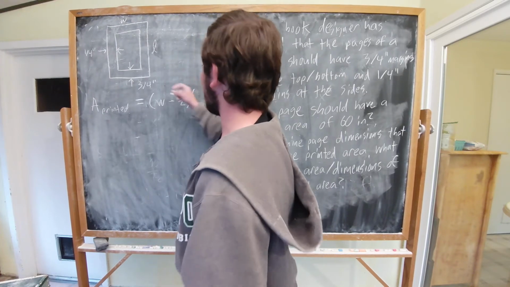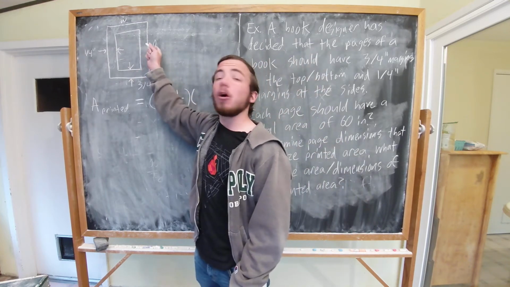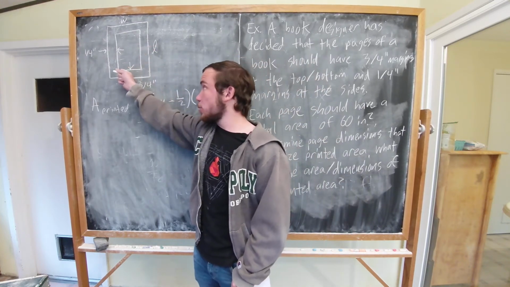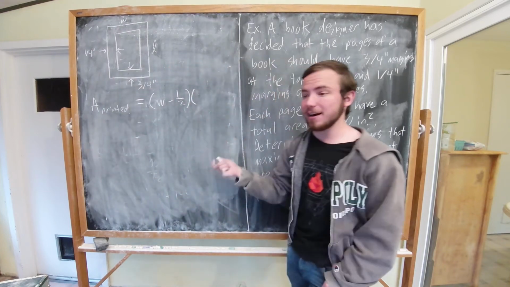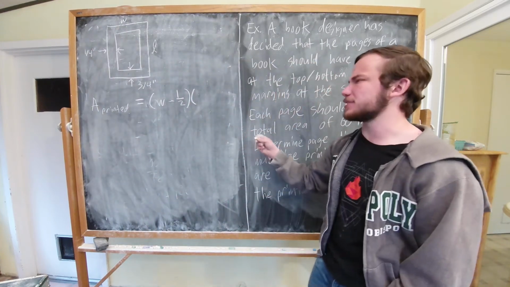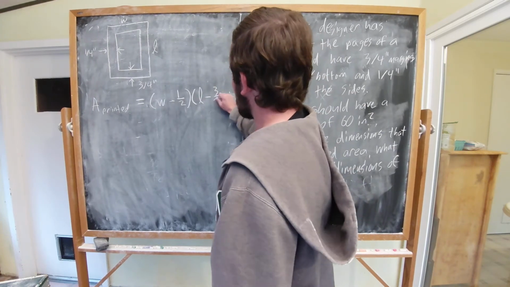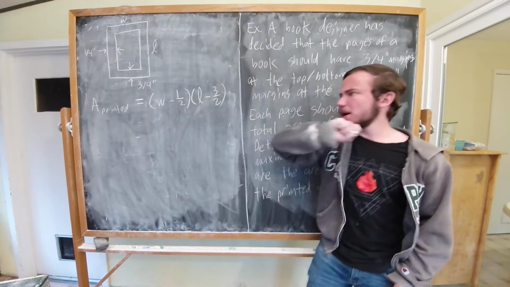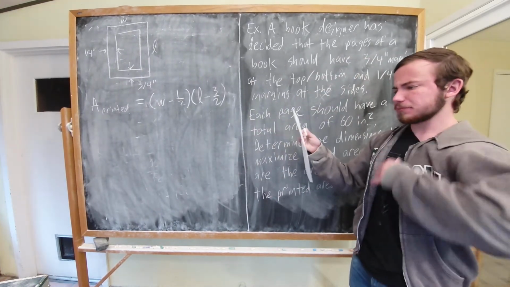Similarly, to find the length of the printed area, we're going to say, okay, it's the length of the overall page minus 3/4 of an inch there, minus another 3/4 of an inch there, so minus 3/2 inches overall. So that's our printed area. W minus 1/2 times L minus 3/2.